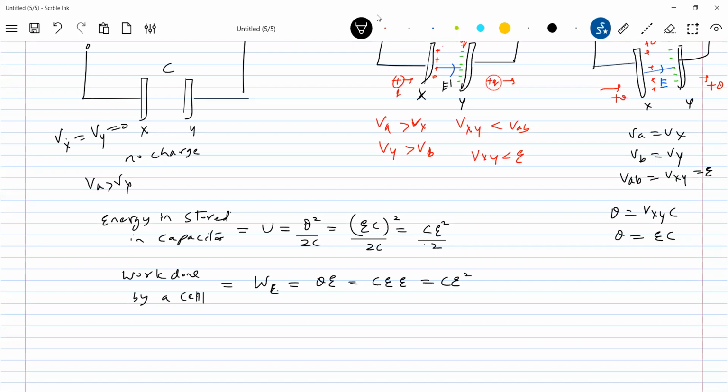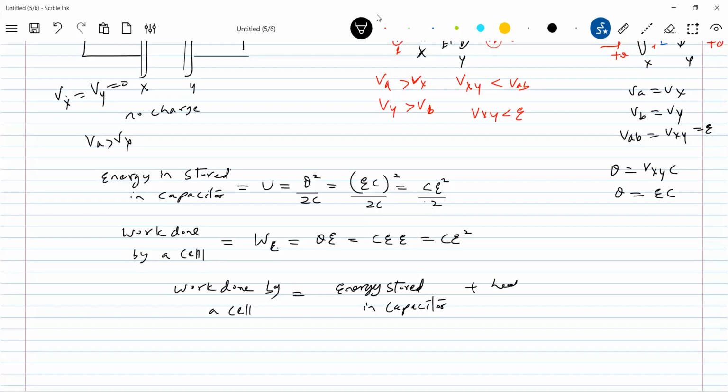The remaining, where should it go? It should be converted into heat. So therefore, work done by the cell should be equal to energy stored in the capacitor plus heat generated in the circuit. This one.